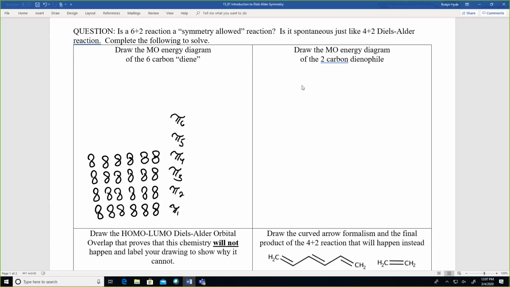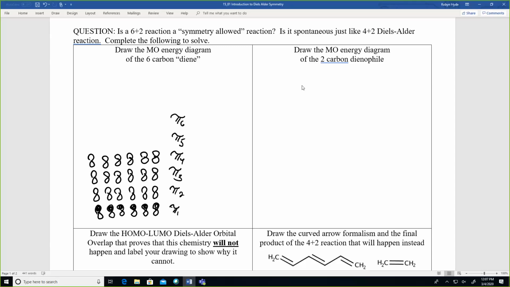So now let's talk about the orbital overlap. In pi1, how would you define the orbital overlap across pi1? It is all constructive orbital overlap. I'm going to go ahead and do the shading trick. If I were doing the mathematical signs, it would be plus, plus, plus, plus, plus all the way across.